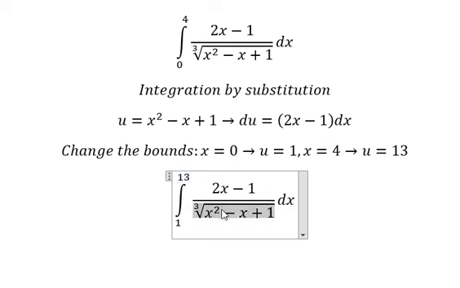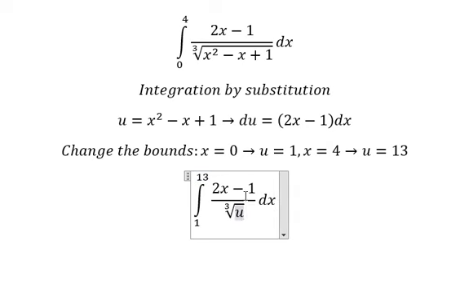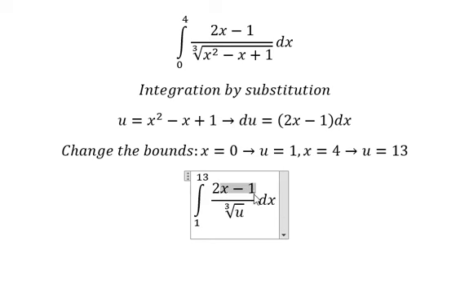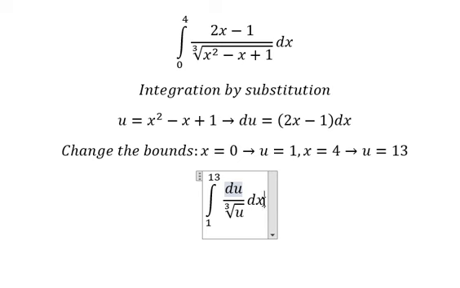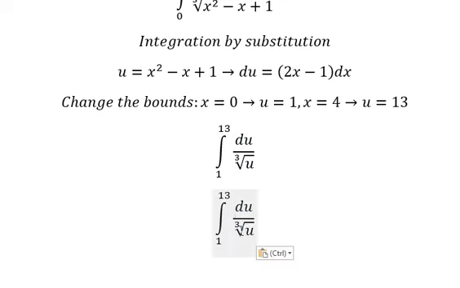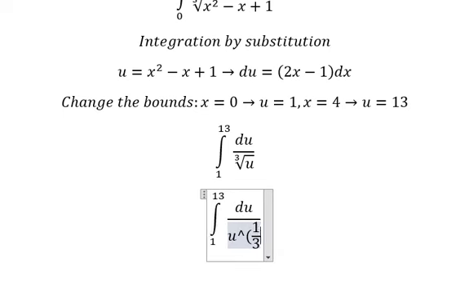This one we change for u. 2x minus 1 dx we change for du. So in this one we put u to the power of 1/3.